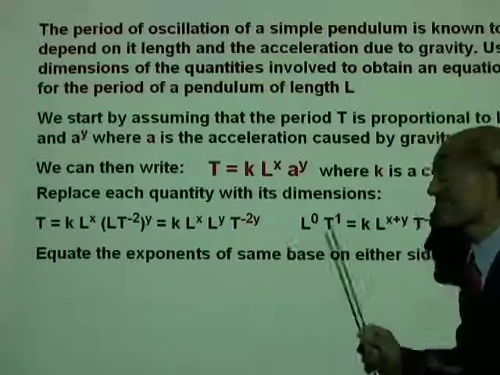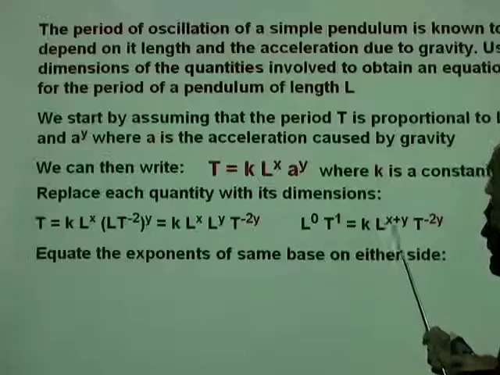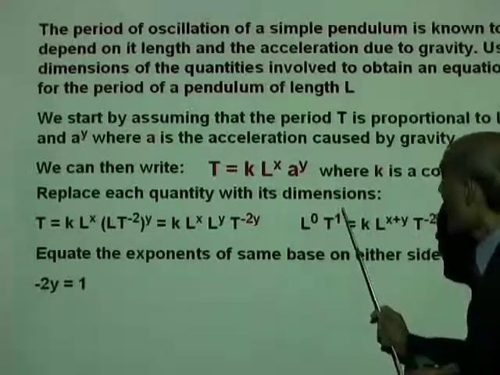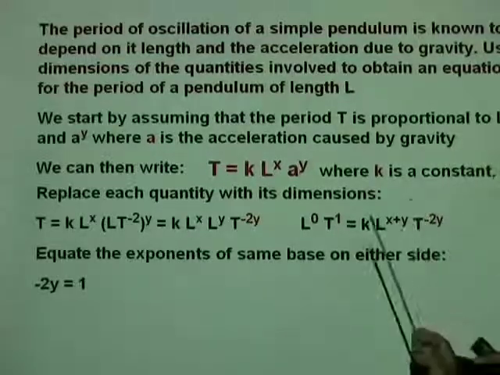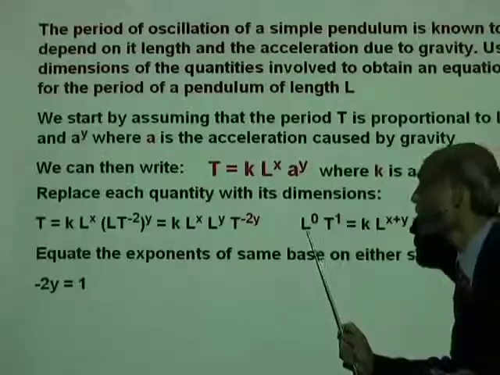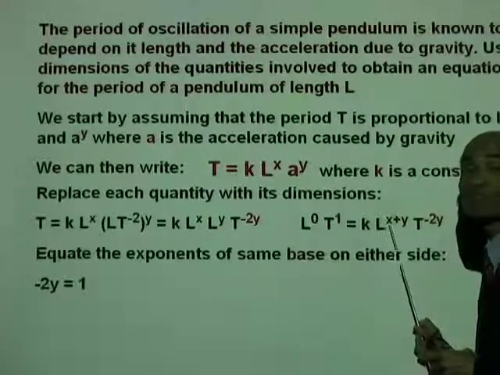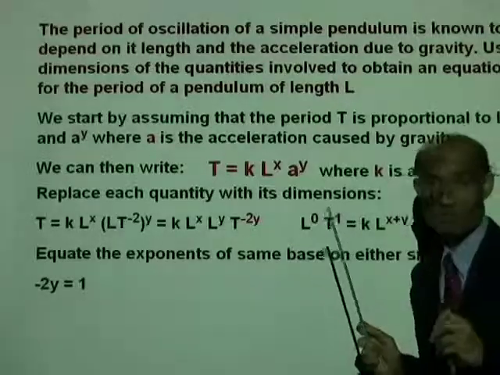What does that mean? It means 0 is the same as x plus y, and 1 is the same as negative 2y. The exponent of L on the left side must be equal to the exponent of L on the right side. I'm sure you agree with me there.